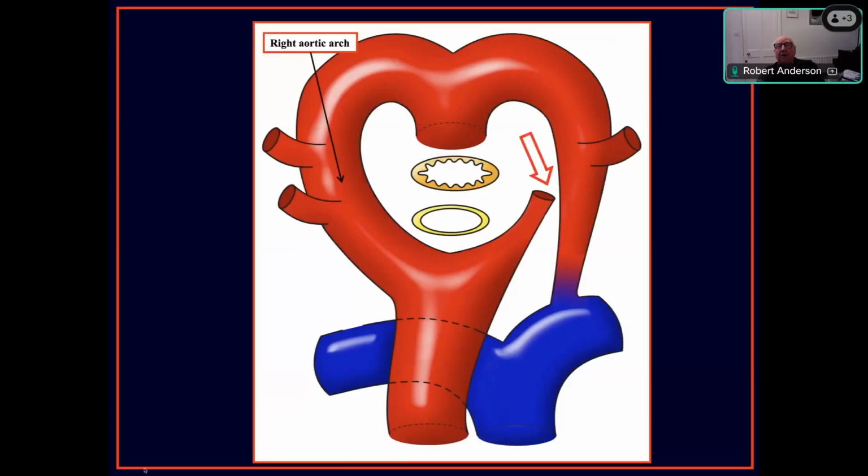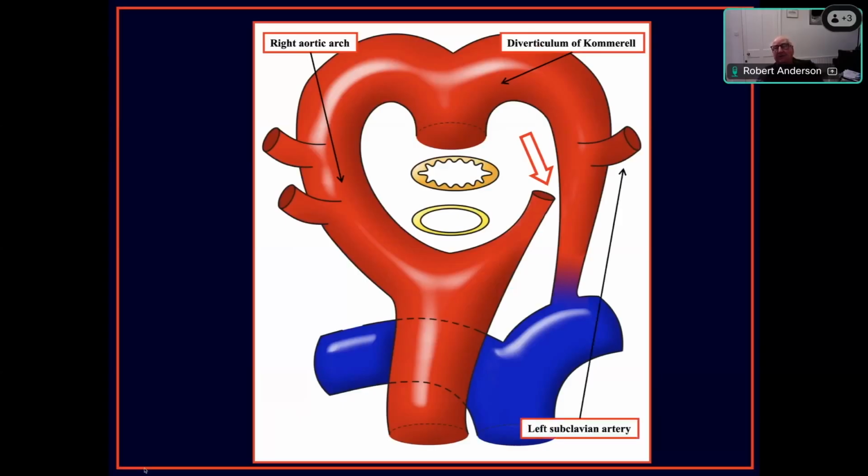There is the proximal part of the left arch forming the left common carotid artery, but the double arch has broken between the left common carotid artery and the left subclavian artery. The left dorsal aorta is now persisting as the diverticulum of Pomerle, and that is giving rise to the left subclavian artery. Why now do we have a ring? Because we have a left-sided arterial duct that is continuing down and inserting into the left pulmonary artery.